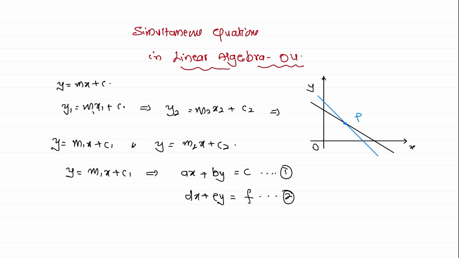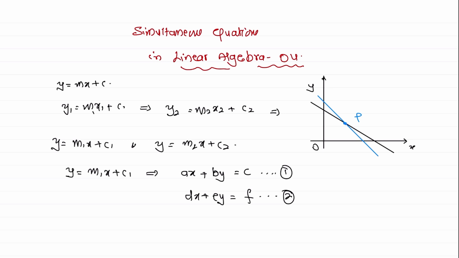Whatever is there, y is equal to m2x plus c2, I am converting into this form. These two, 1 and 2, are straight line equations in the geometrical form, and they are the simultaneous equations in algebra.